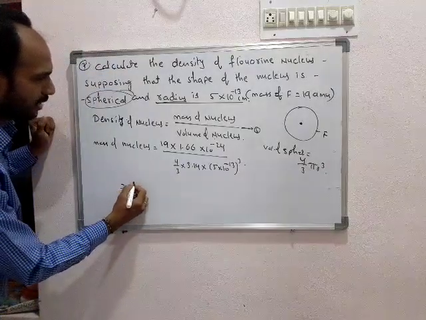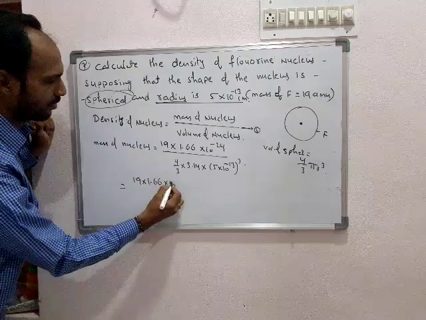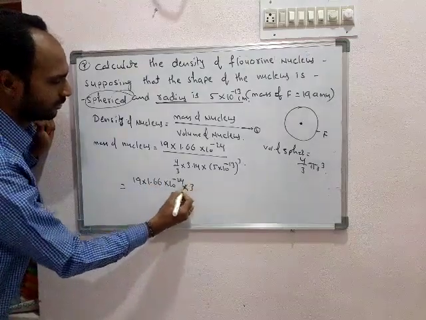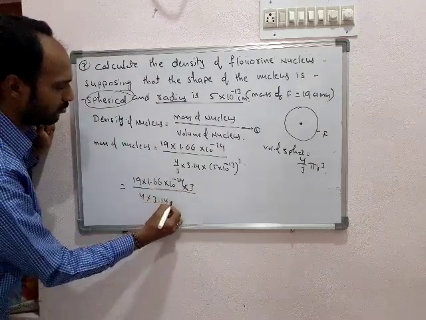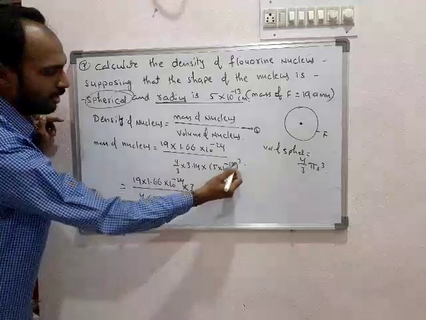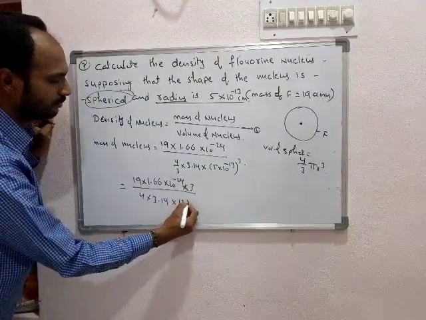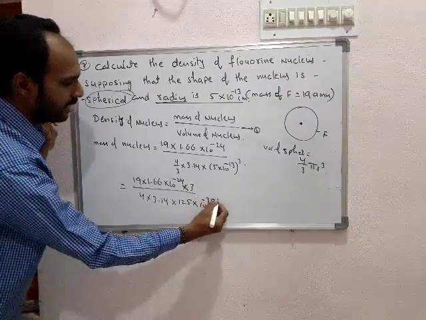So here we get, into 1.66 into 10 power minus 24. 3.14, this is 5 cube, and 10 to the power of minus 39.